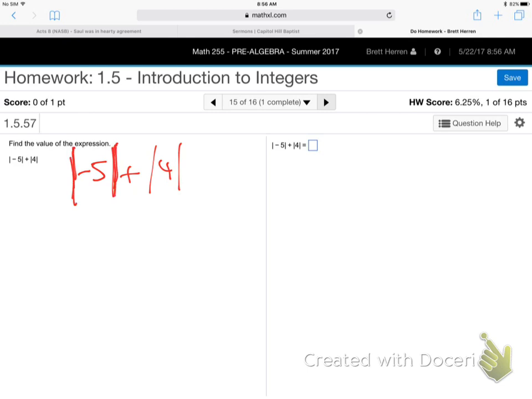The first absolute values, they get rid of the minus that's in between them, and they vanish. The second absolute values, they don't have any minus between them, so they just vanish, and then it's just 9. They just add up like that. Good? Easy?